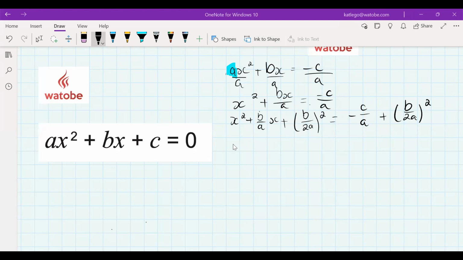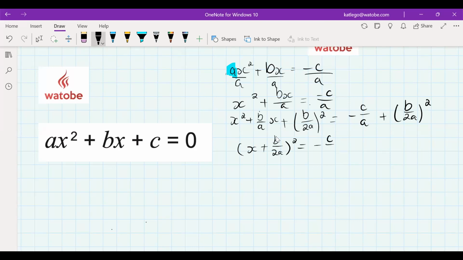Okay, guys. So our brackets on this side are going to be x plus b over 2a, squared. That's my square brackets.